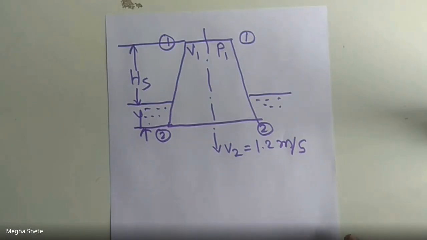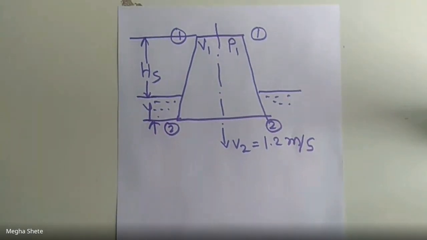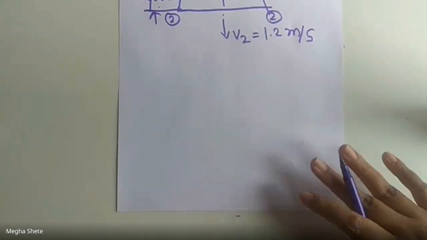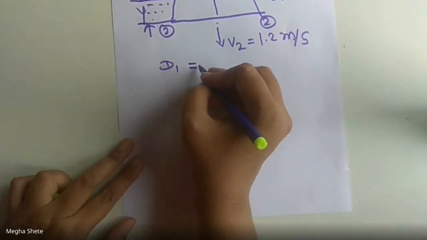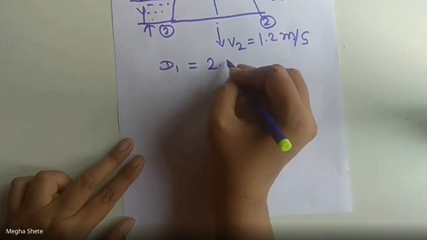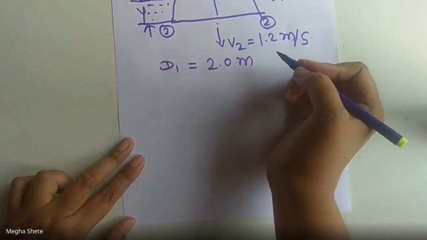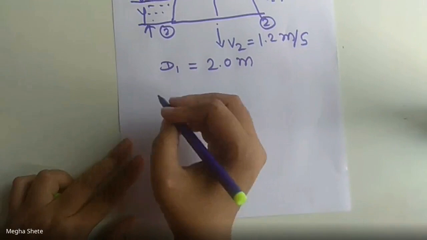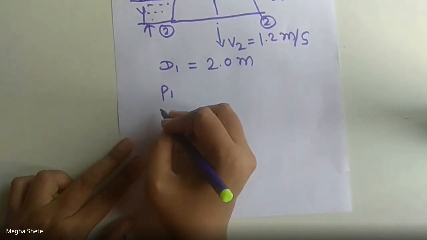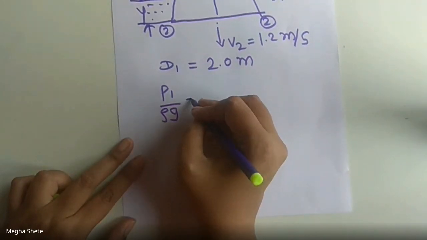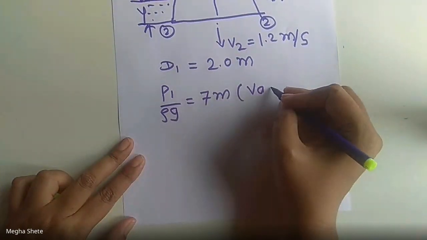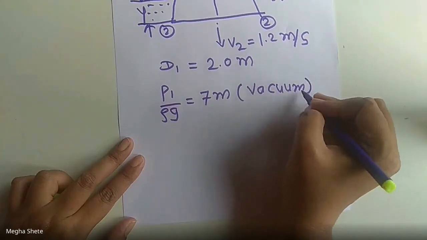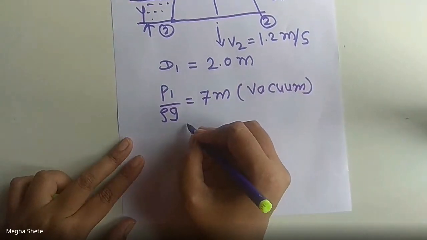Now, what is our first step to solve the numerical? First, we have to write down all the given data. Diameter at the top, D1 is equal to 2.0 meter. Pressure head, P1 by rho G, is equal to 7 meter, and they have given that it is vacuum pressure. We have to convert that into absolute.